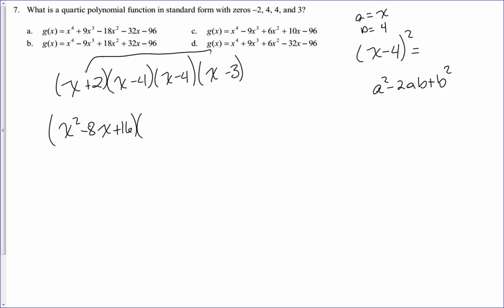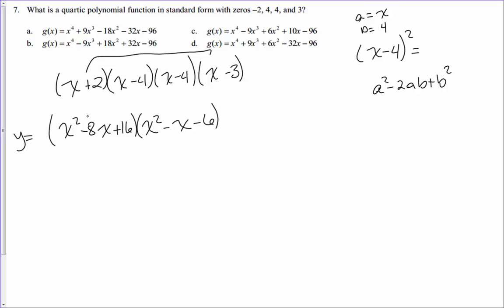Now we can work on these two. If you fold it together, you get x times x, which is x squared. You get 2 times x, which is 2x, negative 3 times x, which is negative 3x. Negative 3x plus 2x is negative x, and then 2 times negative 3 is negative 6. All right, so this is the beginnings of our polynomial.